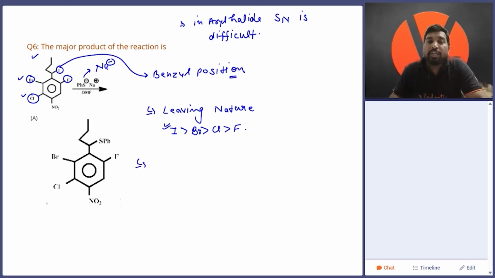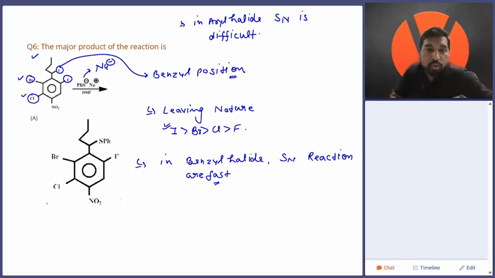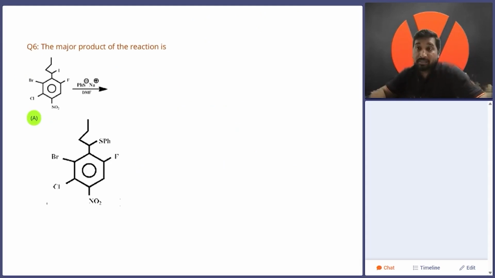In benzyl halides, SN reactions are fast. So only iodine will be removed from here, and PhS minus will connect at the place of iodine. So the answer should be A only. Okay, we can check the answer. So the right answer is A here.